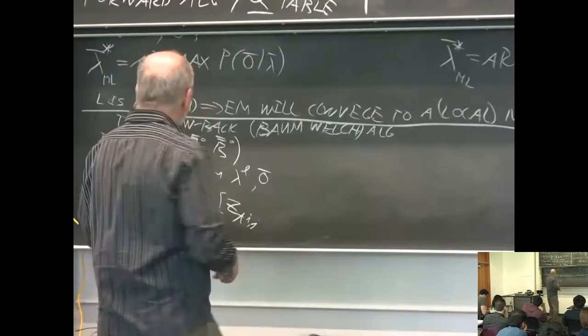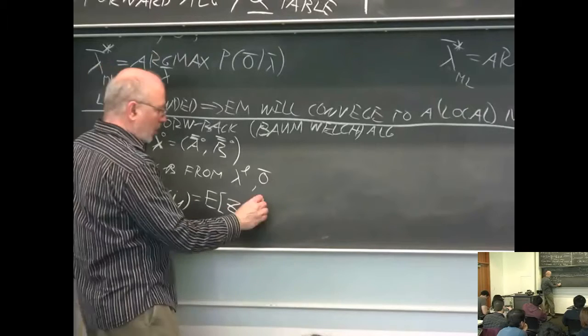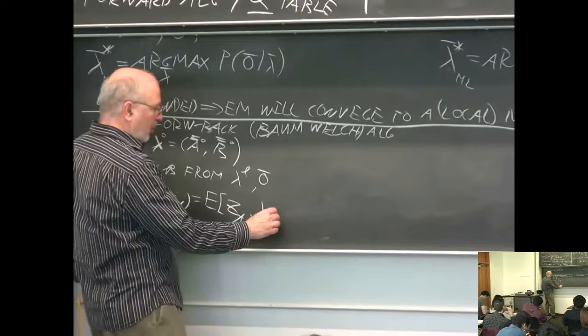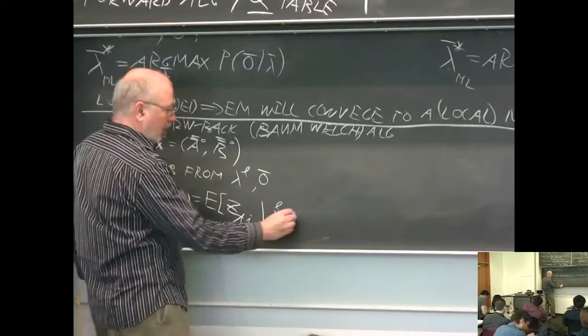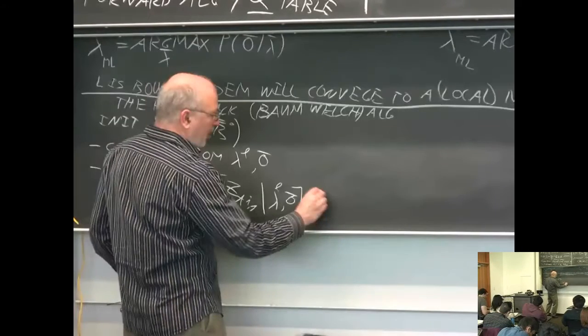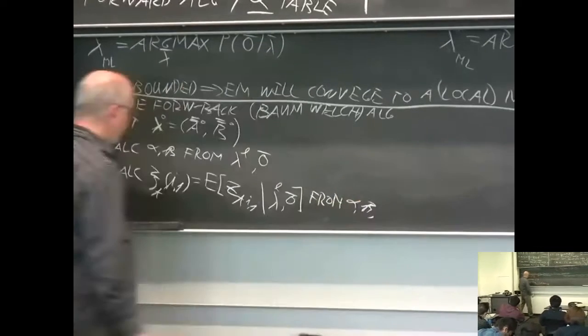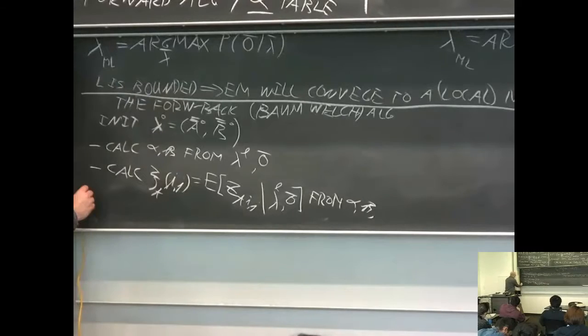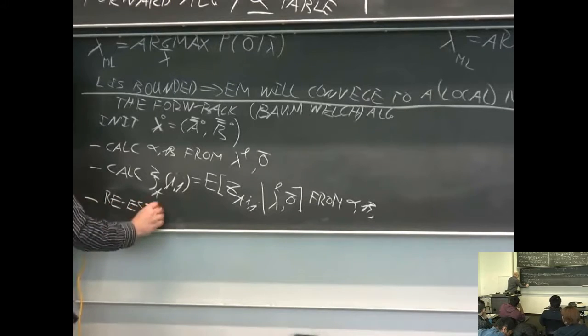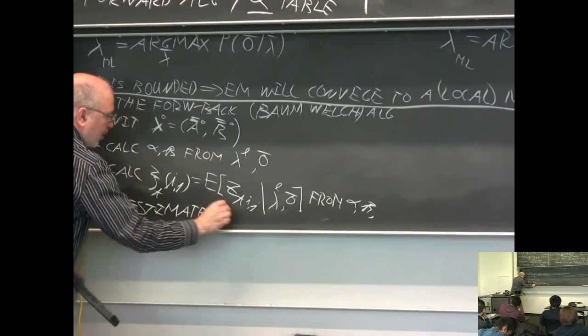So I basically use the alphas and betas to calculate these expectations, conditioned on the model and the observables. And then the third step is I re-estimate the A's and B's.